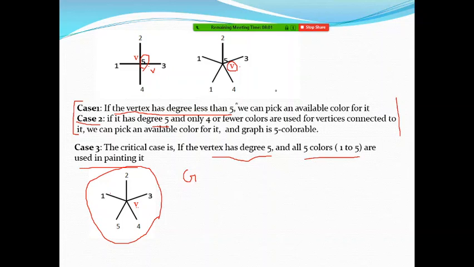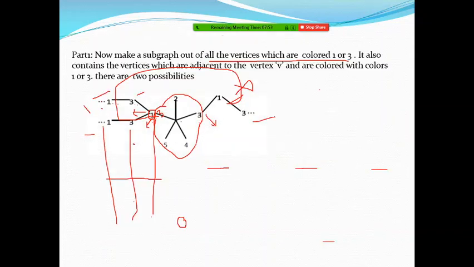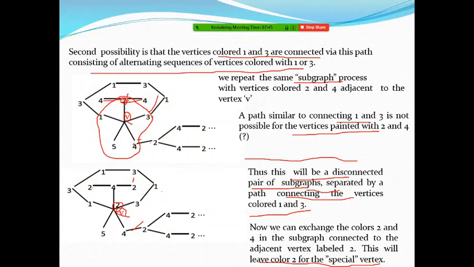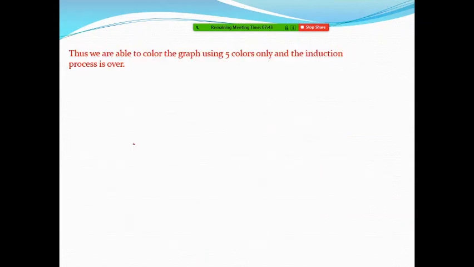The critical case was when all the 5 colors are used. So when 5 colors are used, we have shown two possibilities: 1 and 3 connected, and 1 and 3 not connected. In both cases it is possible to color the vertices of the graph with the 5 colors.